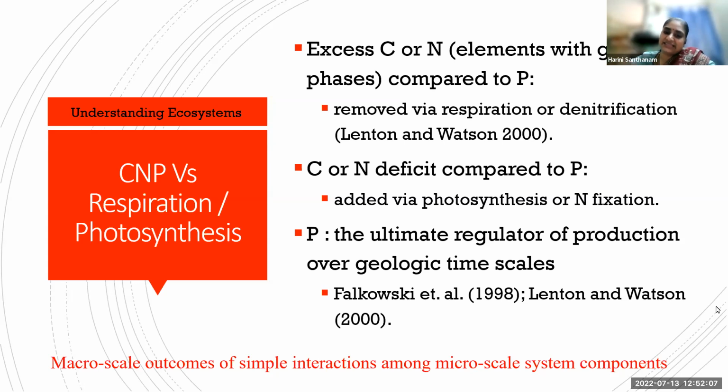Another way is, say, if carbon or nitrogen is very deficient compared to phosphorus, then they are added through photosynthesis or fixed as nitrogen in the ecosystems. So here, looking at only phosphorus, which is the ultimate regulator of production over geological time periods. Why?